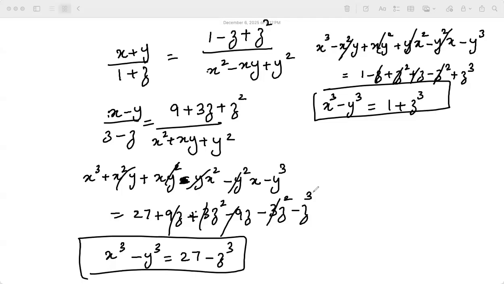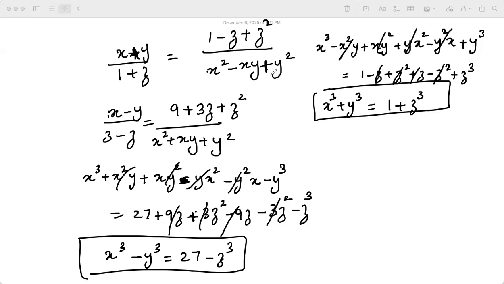What was the question? We have to solve for x, y, z real numbers that satisfy these equations.